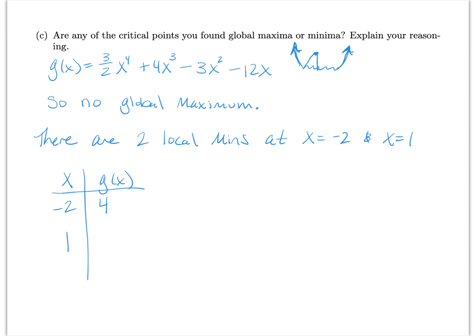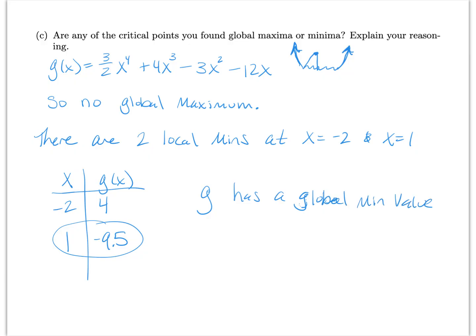And if I put in a 1, I get -9.5, which means that this one is my global min, the smaller y value. So g has a global minimum value of -9.5 at x equals 1.